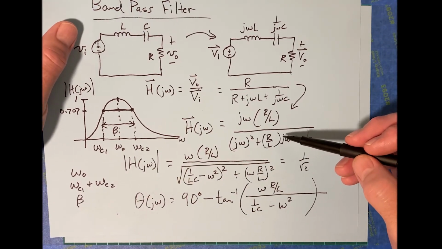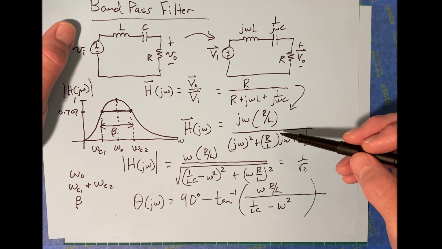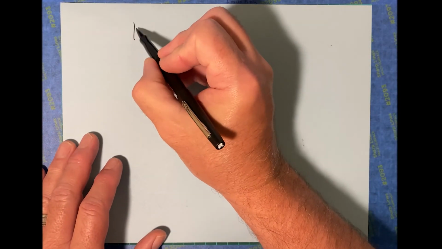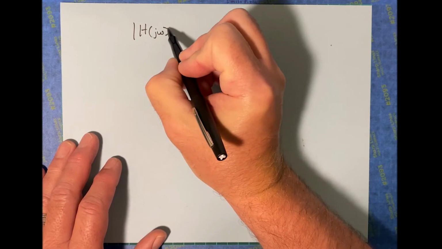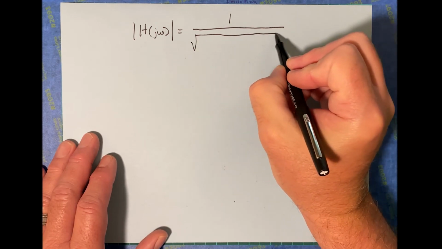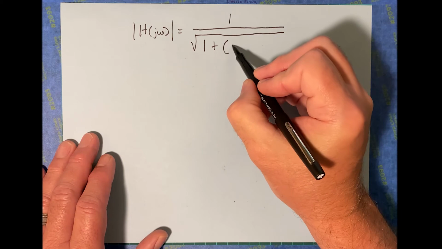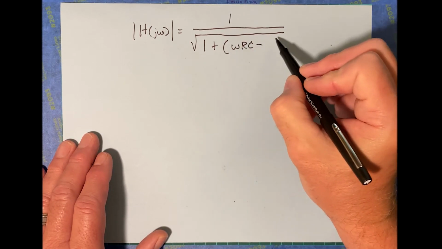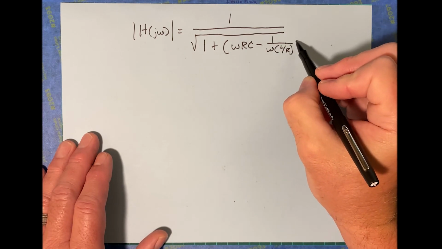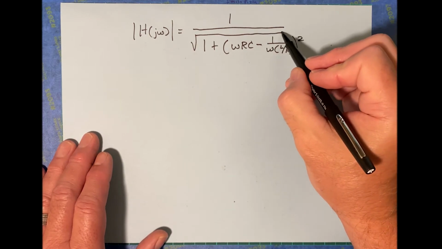So the transfer function itself is this right here. And the magnitude is this right here. Well, the magnitude can also be rewritten a little bit. Let's say the magnitude of that transfer function could also be written this way. 1 over the square root of 1 plus omega RC minus 1 over omega L over R, and then that quantity is squared.